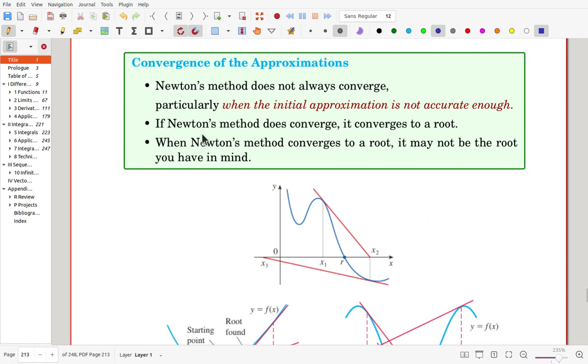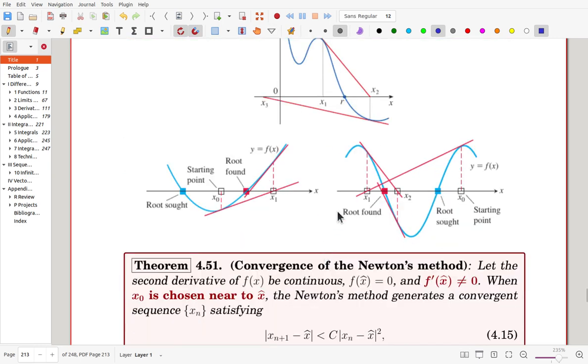If the Newton method does converge, then it converges to a root. When the Newton method converges to a root, it may not be the root you have in mind. So it can converge to something else. We'll see examples here. This is what we want.